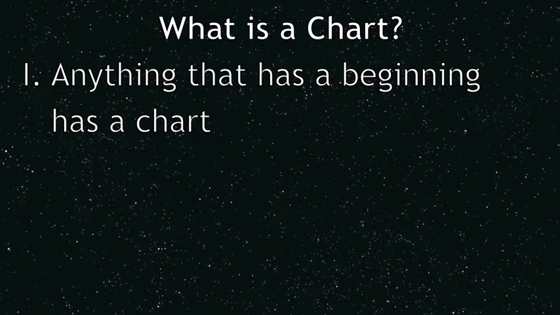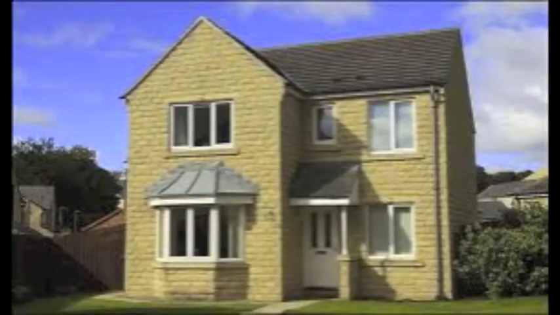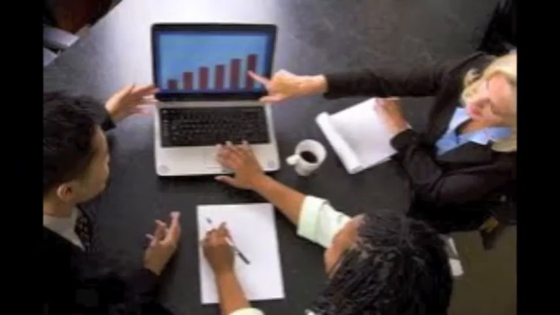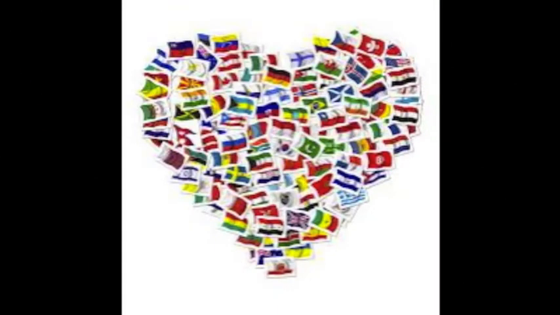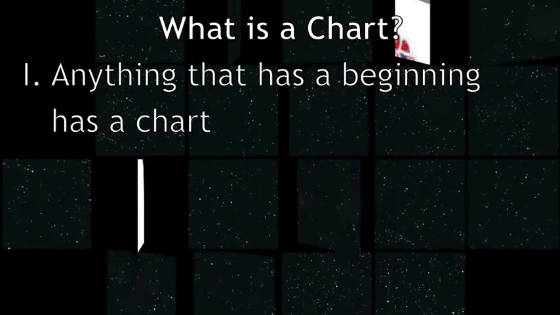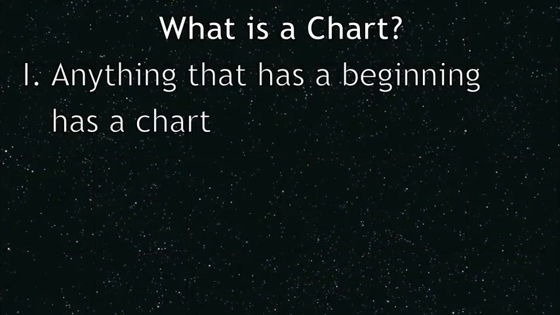But that's one of the coolest things about astrology. You can use it for practically anything. Houses have birth charts. Businesses have birth charts. Even dogs and countries have birth charts. Anything that has a beginning has a chart.